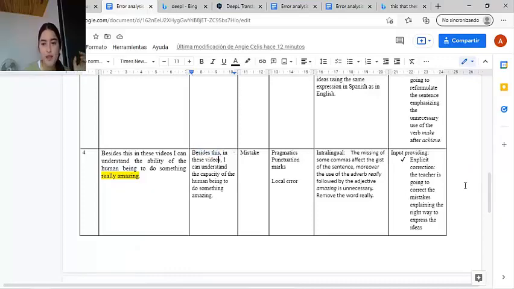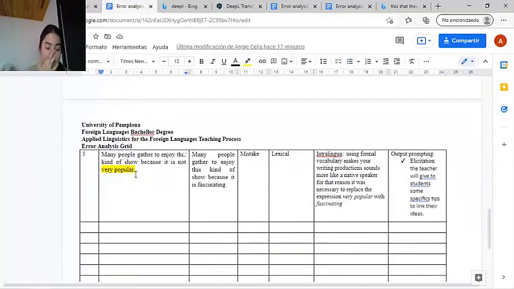The source of the errors is related to interlingual transfer. And to overcome this mistake, it is necessary to use input providing and explicit correction.